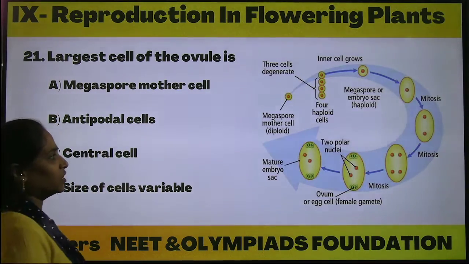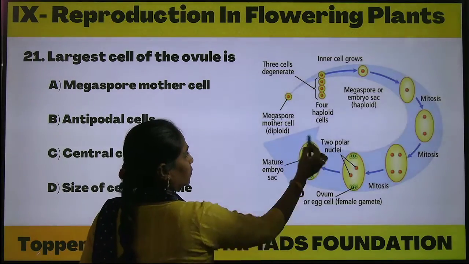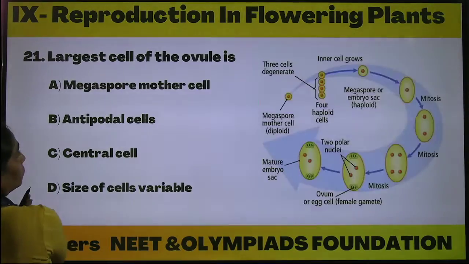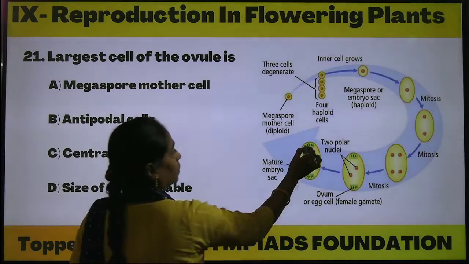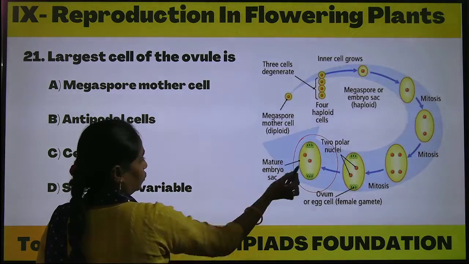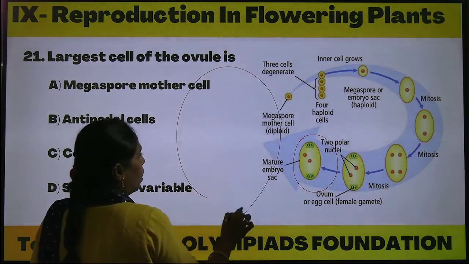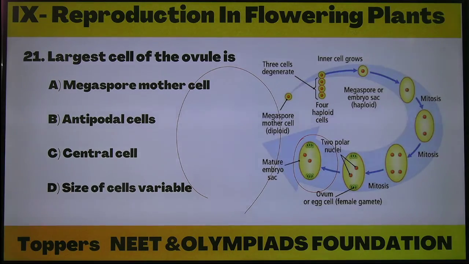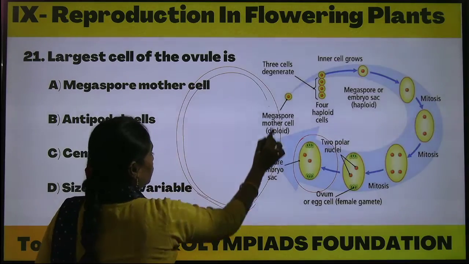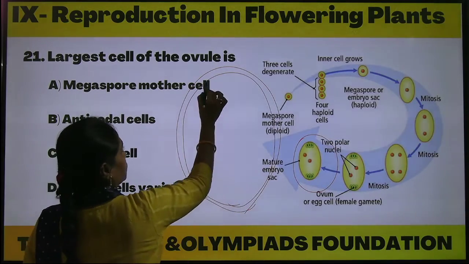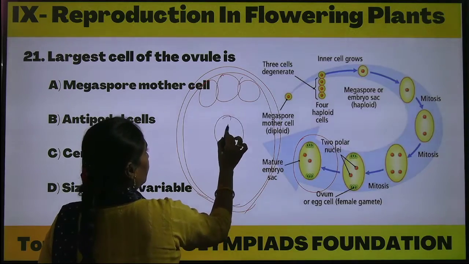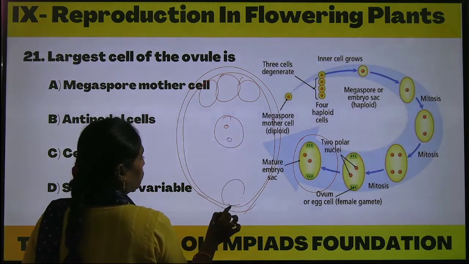As we know, the embryo sac. If it is not clear, this is the mature embryo sac. If we zoom in, within the embryo sac we can observe the 7 cells and 8 nuclei.